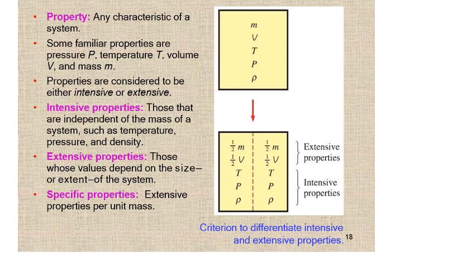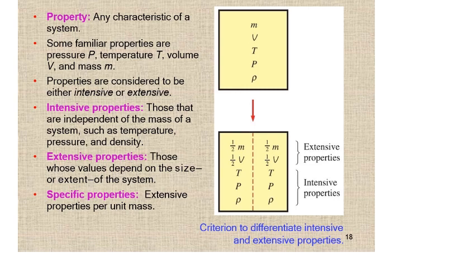An example of an extensive property is volume. If you divide volume by mass, it will become a specific property. And also we have enthalpy and internal energy. They are also extensive properties. If you also divide them by mass, they will become specific properties.